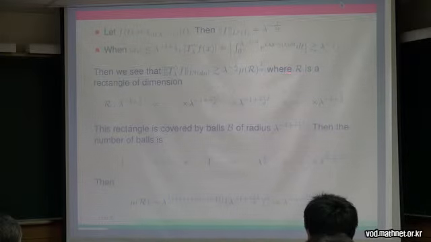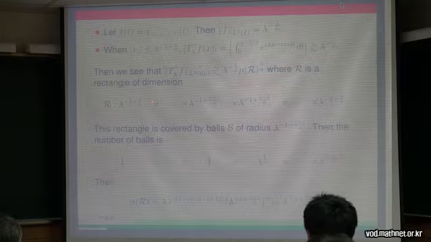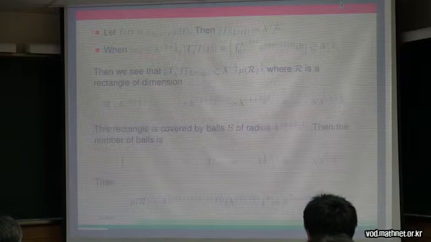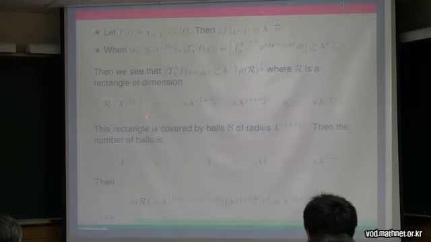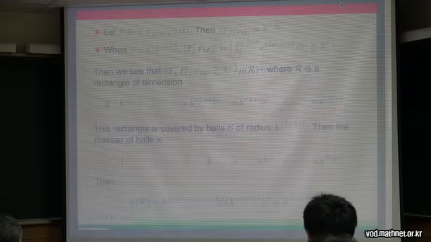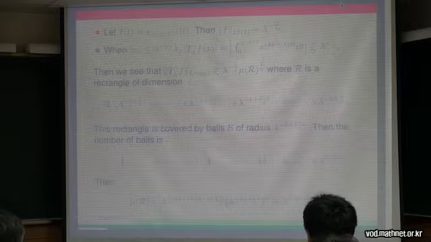Here R is a rectangle whose x1 dimension is lambda to the minus 1 plus 1 over d, and the other dimension is the dimension of xd, so we can construct this rectangle.